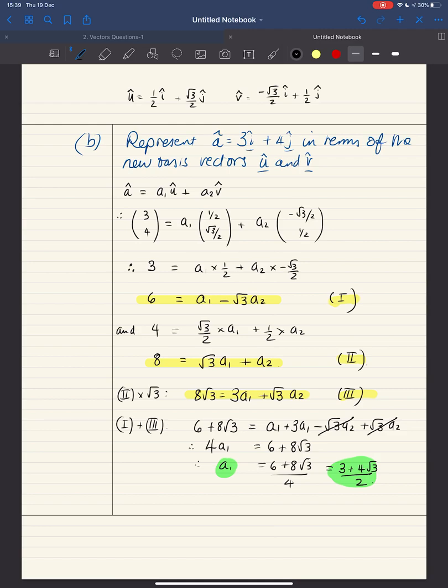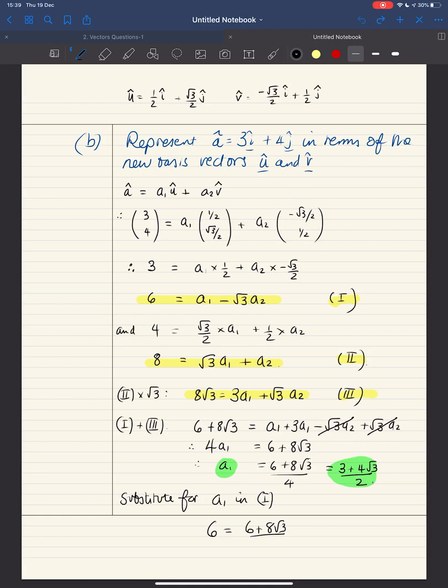And now we can substitute for A1 in equation 1, it doesn't make much difference. And we get 6 is 6 plus 8 root 3 over 4.